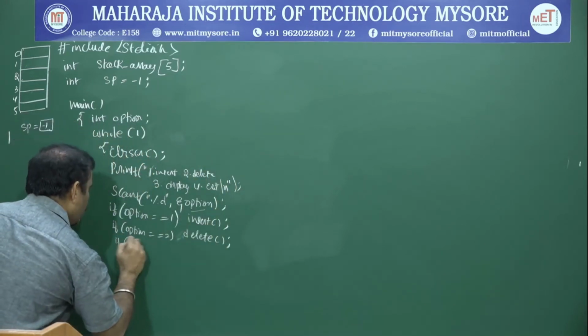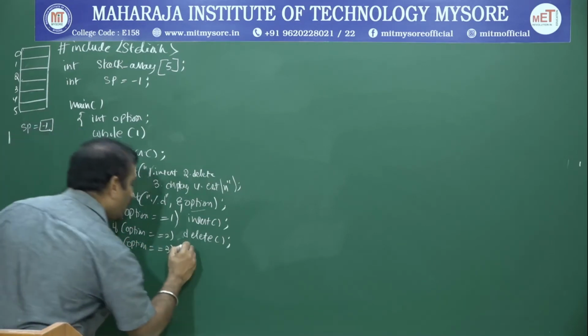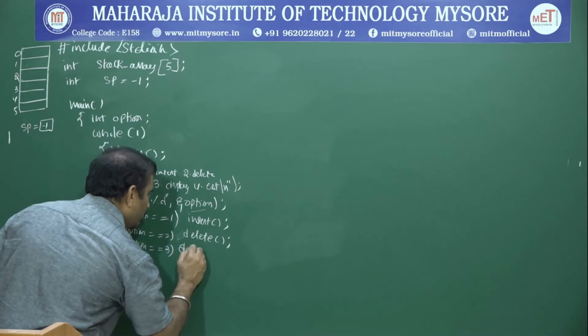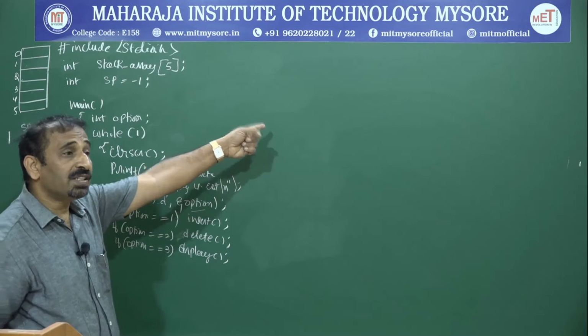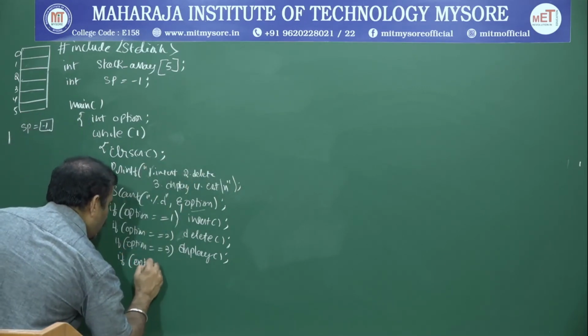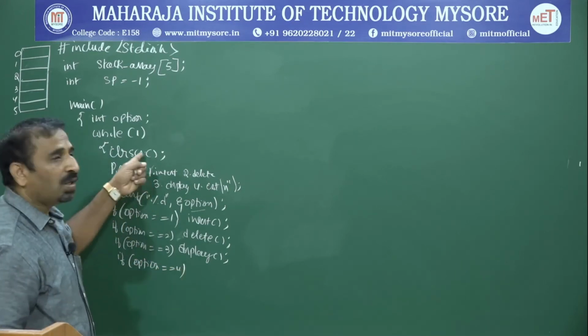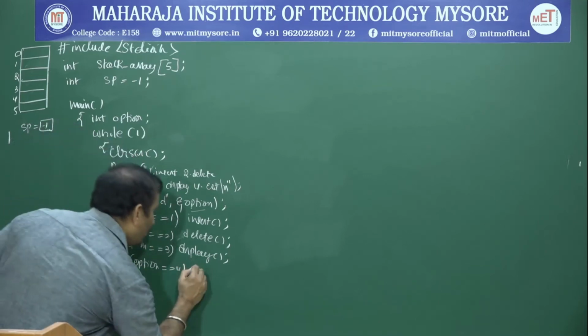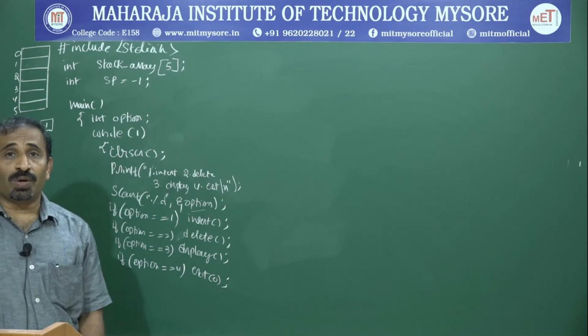If option equals 3, I am calling a function called display. I am writing those 3 functions later. Next, if option equals 4, I am calling a function called exit, which is universally known.